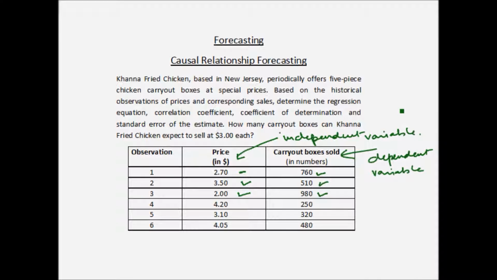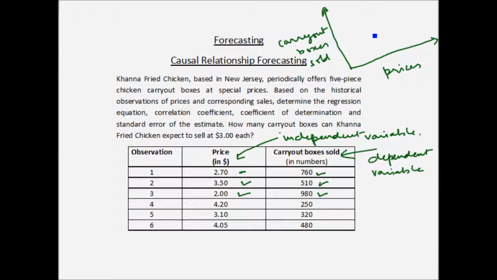And since we plot the dependent variable on the y-axis and the independent variable on the x-axis, our graph will look something like this. On the x-axis we'll have prices, and on the y-axis we'll have carry-out boxes sold.